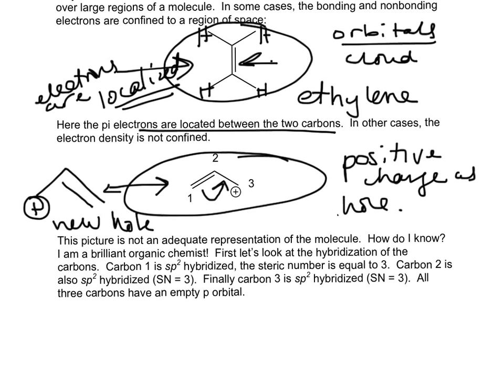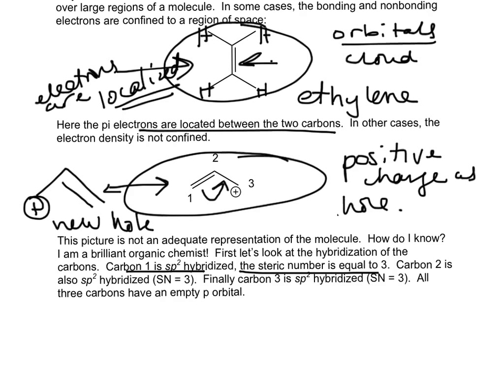And we can look at this molecule, and if we look at hybridization first, we can see that carbon 1 is sp2 hybridized. You can do this by knowing that it has a double bond, or you can actually calculate the steric number, which equals 3.